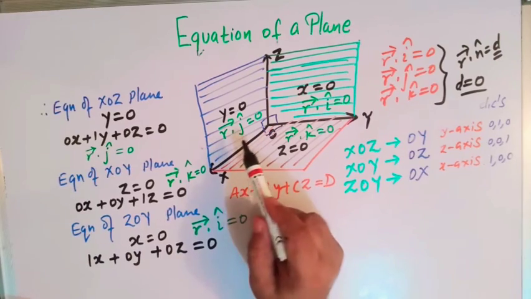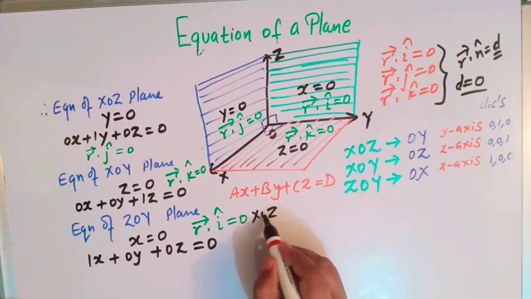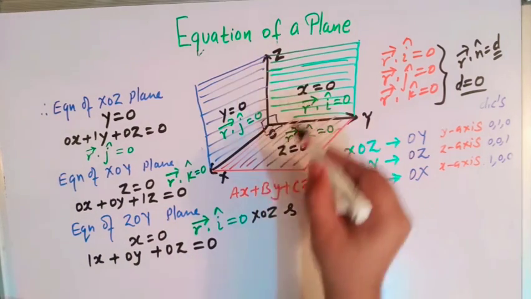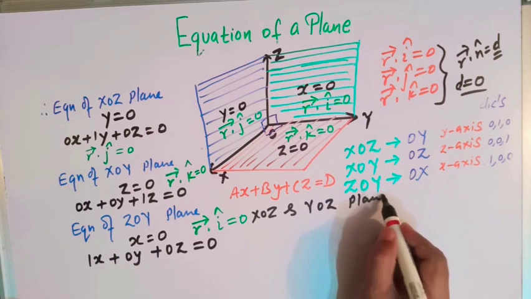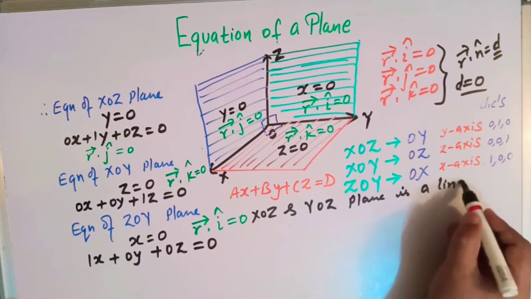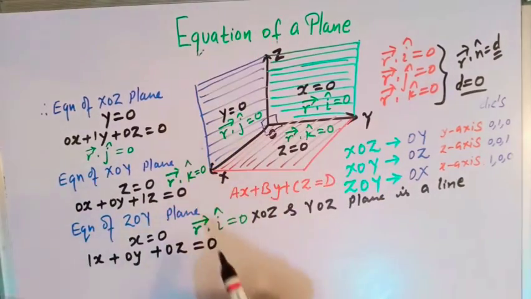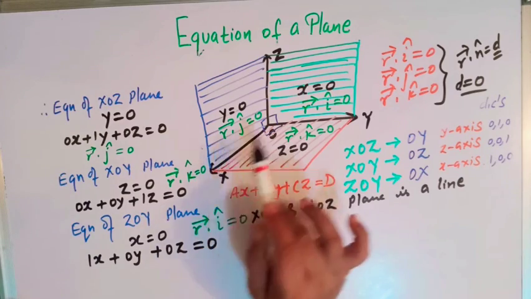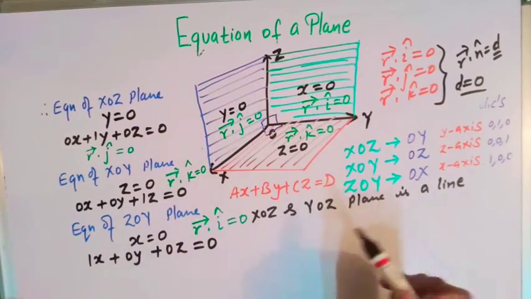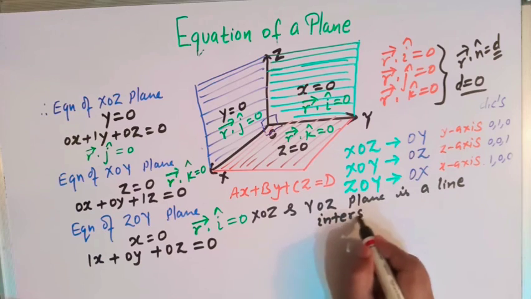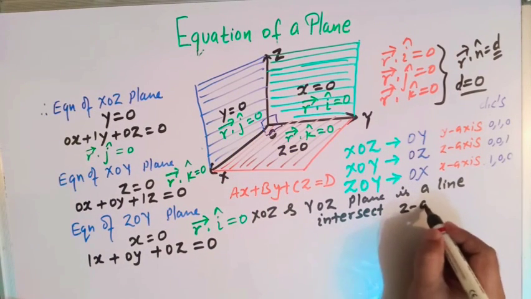Okay, now there is one more important point to discuss. The intersection of this plane, that is XOZ, and say YOZ plane is a line, and the line is this line, that is the z-axis. Clear? So this plane and this plane, that is plane XOZ and the plane YOZ, they both intersect in a line, and the line is z-axis, right?